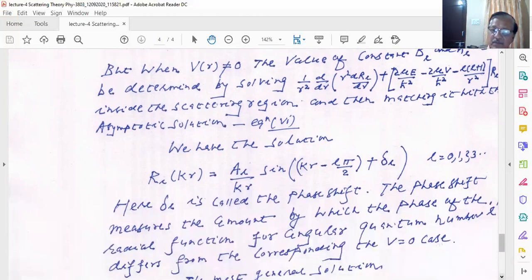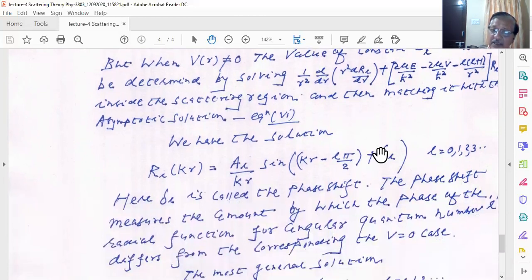So please remember this delta L is known as the phase shift, and the phase shift measures the amount by which the phase of the radial function for angular quantum number L differs from the case corresponding to V equal to 0, that is, the case where the potential was 0.